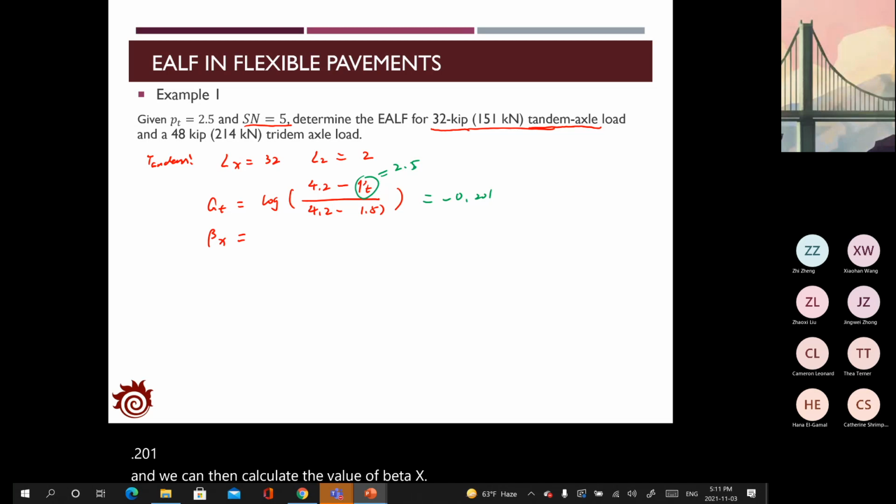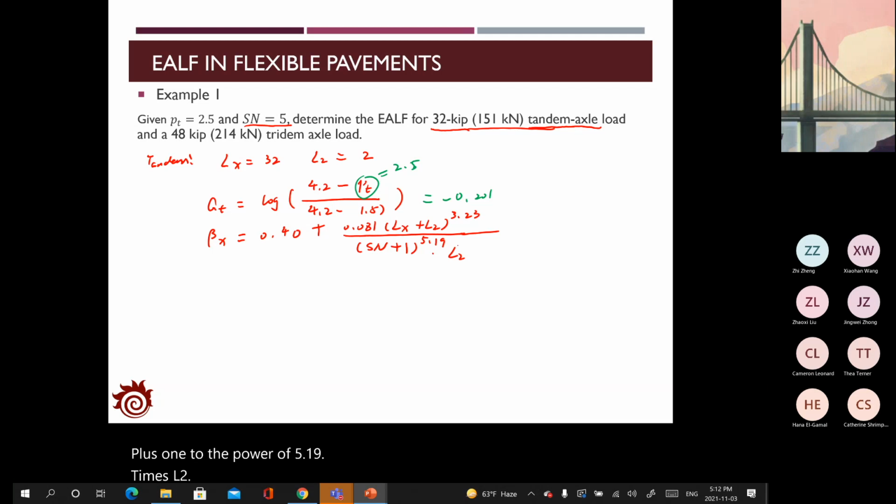Beta x equals 0.40 plus 0.081 times (Lx plus L2) to the power of 3.23, divided by (Sn plus 1) to the power of 5.19 times L2 to the power of 3.23.